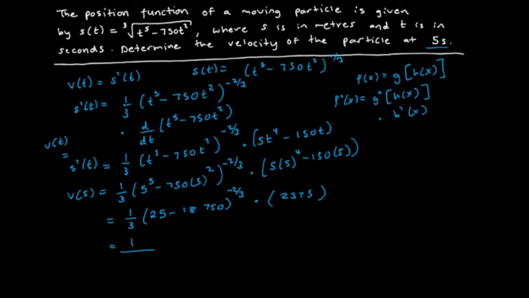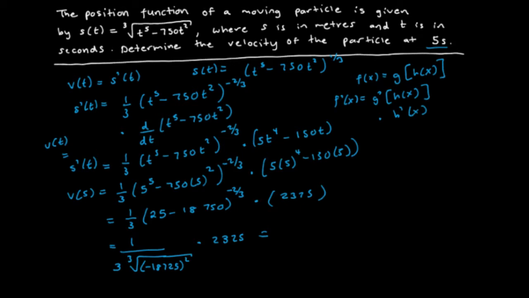And if you simplify this, 3,125 minus 18,750 is negative 15,625. So this is going to give you the cube root of negative 15,625 squared, times 2,375. Okay, so if we crunch this out, I'm just going to put all this in a calculator.